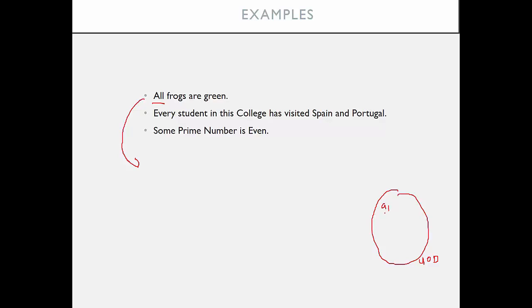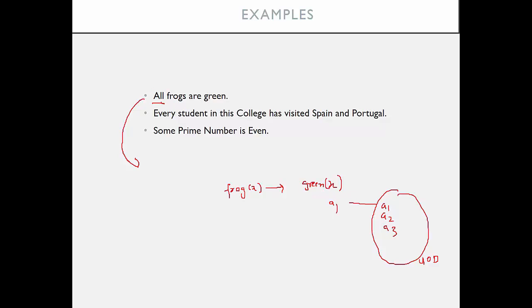So if A1 is an amphibian, A2 is an amphibian, A3 is an amphibian, then if A1 is a frog, it's for sure going to be green, because all frogs are green. So we will represent it with this: x is a frog, therefore x is going to be green. If x is a frog, then it's for sure going to be green.